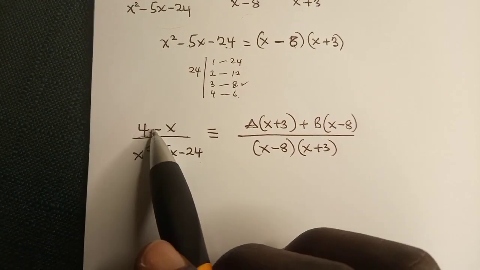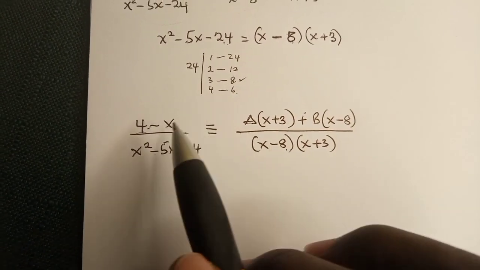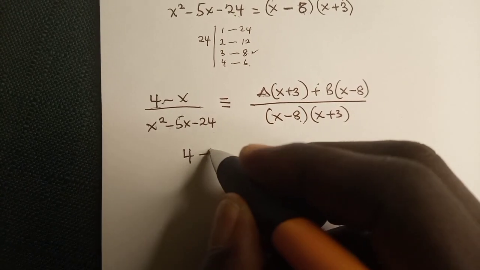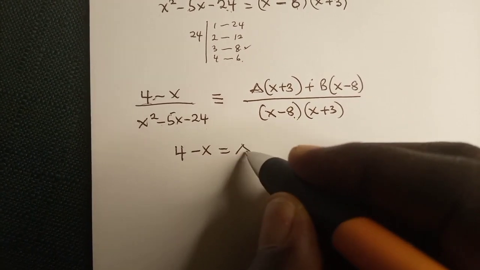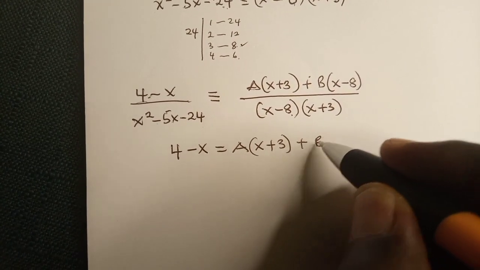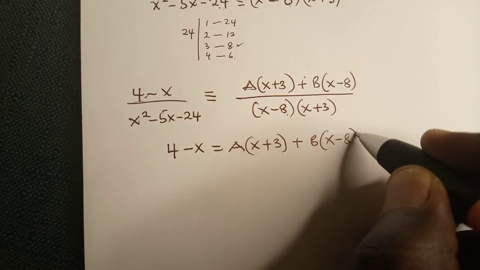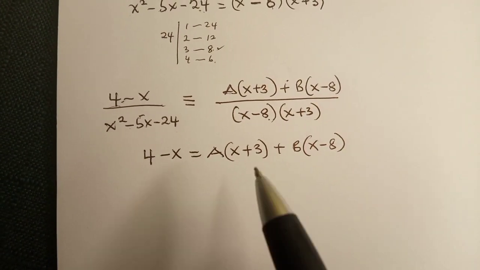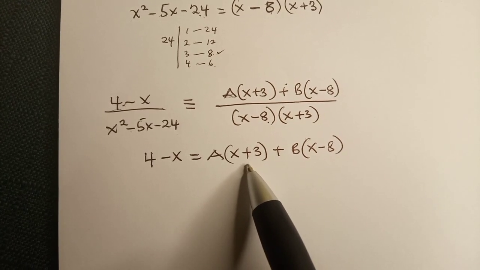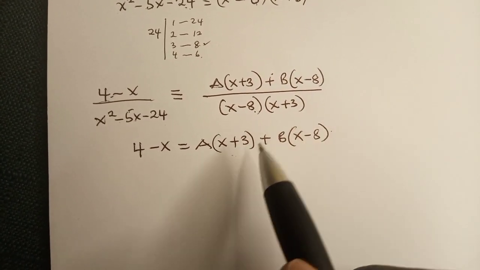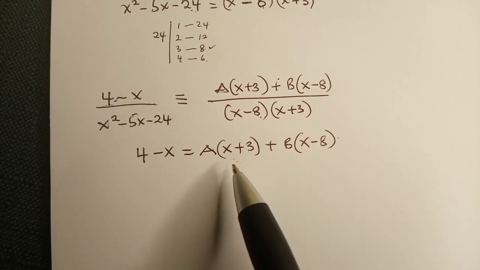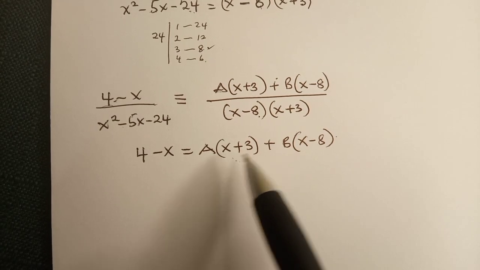We can now equate the numerators, since the denominators are the same. So we have 4 minus x equals A bracket open x plus 3 bracket close plus B bracket open x minus 8 bracket close. We now solve for A and B using the zeros of the factors.